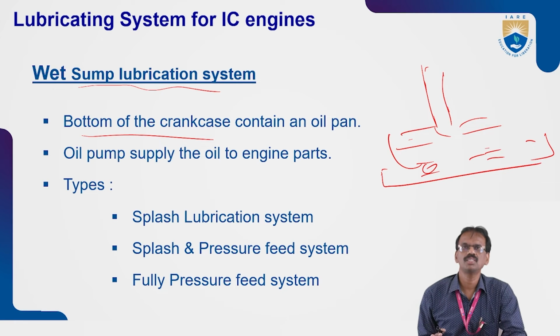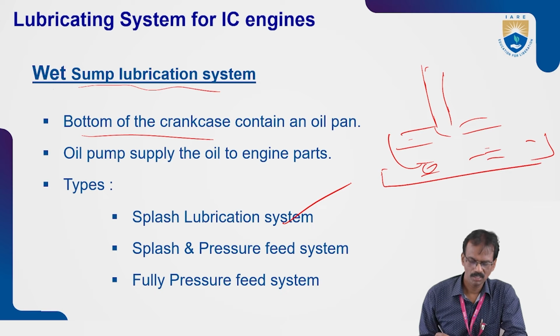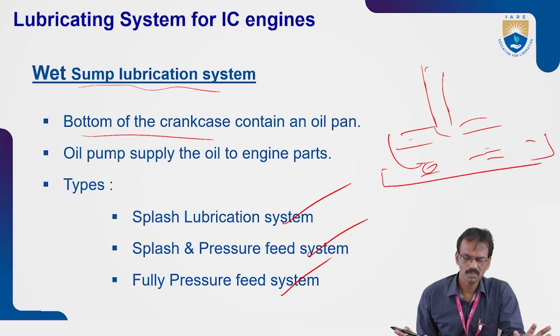We'll see these types of lubrication systems. One is the splash lubrication system. The second is the splash and pressure feed lubrication system. Then the fully pressure lubrication system. It is a similar system, but some functionings are different.